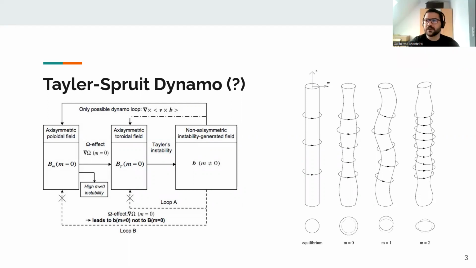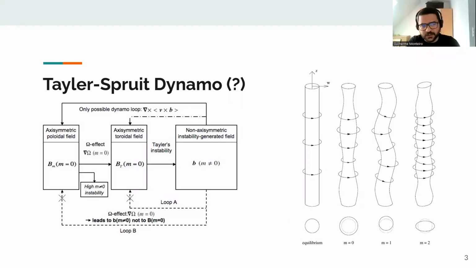For those who are not aware, Tayler has a series of works on the stability of magnetic fields in radiative zones from the late 70s to early 80s or something. And one of the main results that they got is that the toroidal fields are unstable in radiative zones. You will only be able to stretch its lifespan or even to make it stable using additional poloidal field components to stabilize the field or very strong rotation rates.